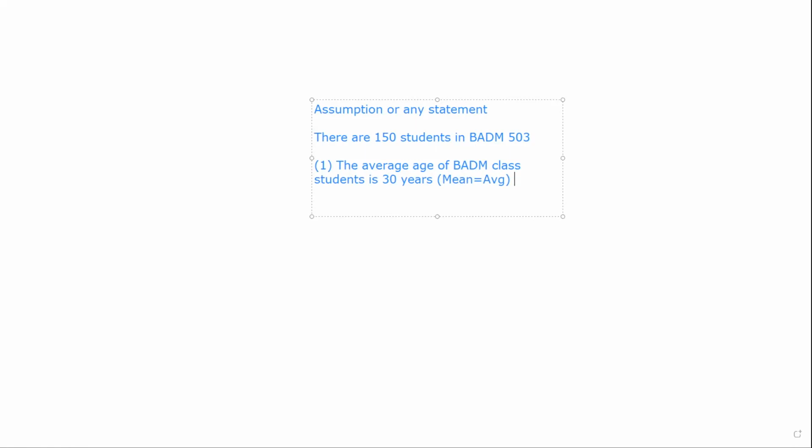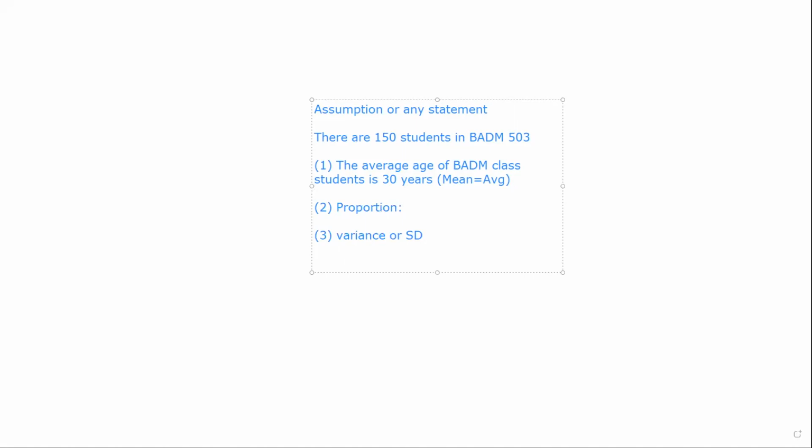You can't get all this data. Similarly, it is also based on proportion, and it is also based on variance or standard deviation.